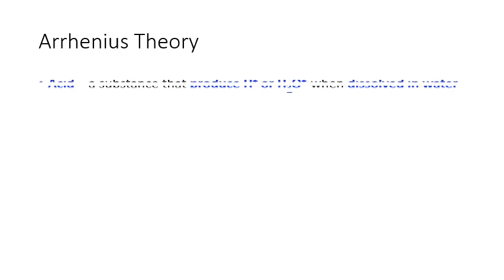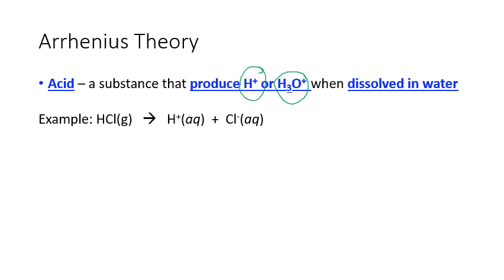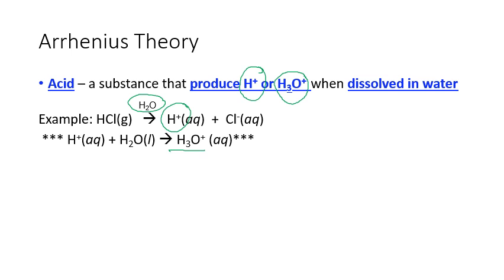According to Arrhenius theory, an acid is a species or substance that can produce hydrogen ion or H3O+ when dissolved in water. For example, HCl, you can see H+ is produced. If this H+ reacts with H2O, it will form H3O+, which is generally known as hydronium ion.